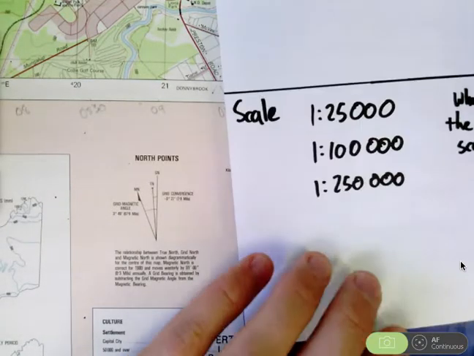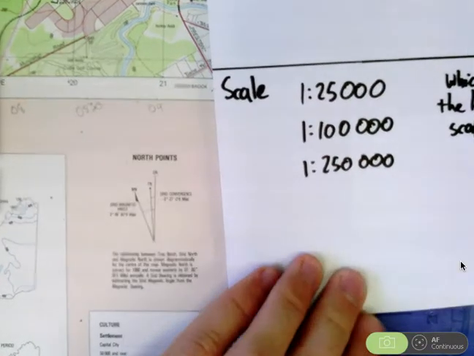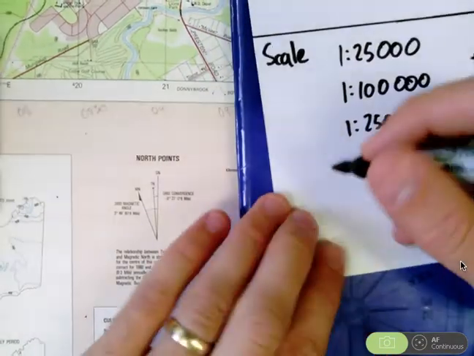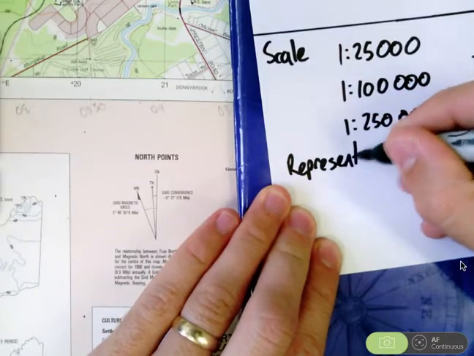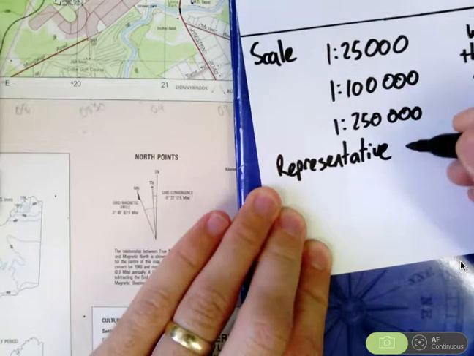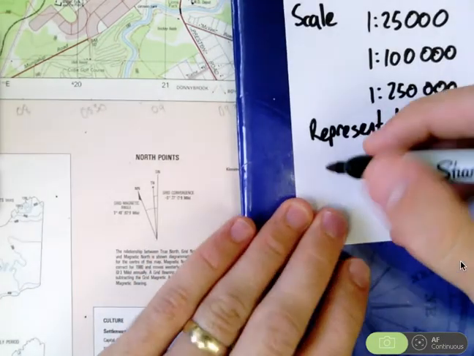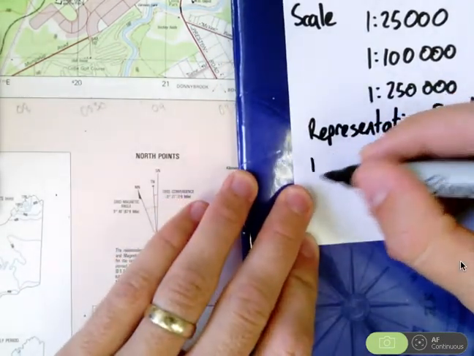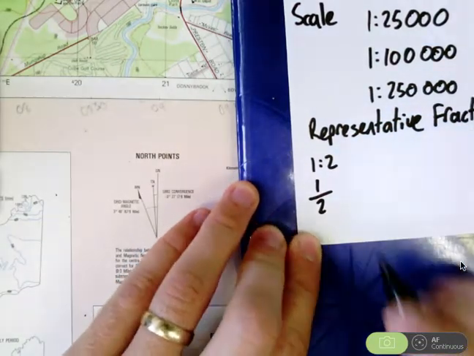Now most people think the largest number must be the largest scale. However, it's actually the smaller number, because this is a representative fraction. If you take small fractions, for example, 1 to 2 is the same as 1 over 2 in this representative fraction.